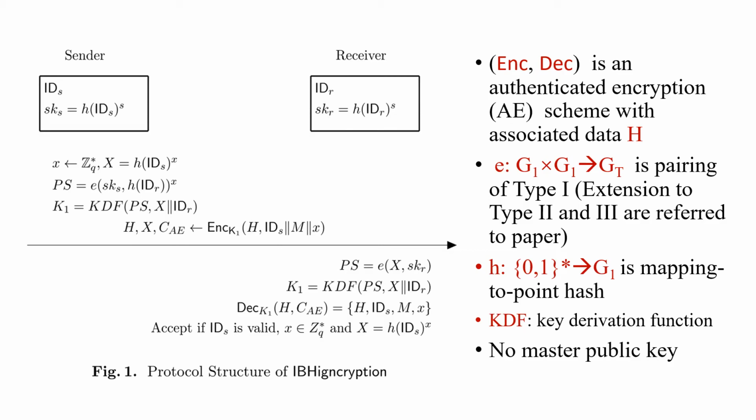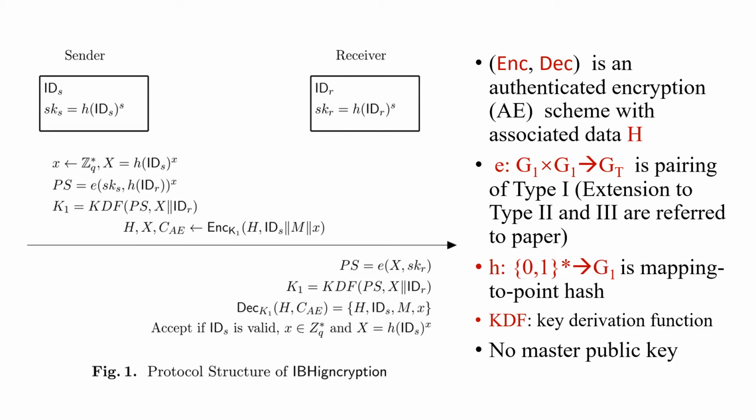To IB-HIGHcrypt a message, the sender chooses the exponent small x uniformly at random from Zq star. It computes the big X as the hash of its identity to the power of small x.